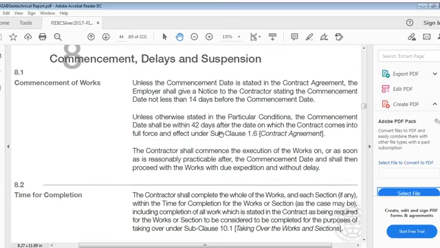But we do not realize that. We do not realize that. And that's why commencement, delay and suspension always come in.